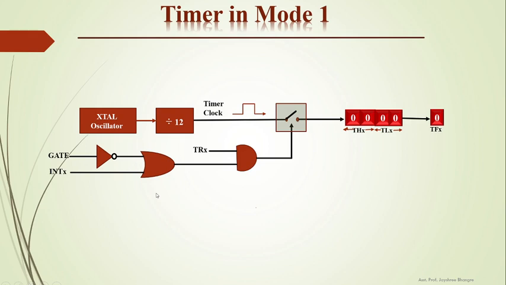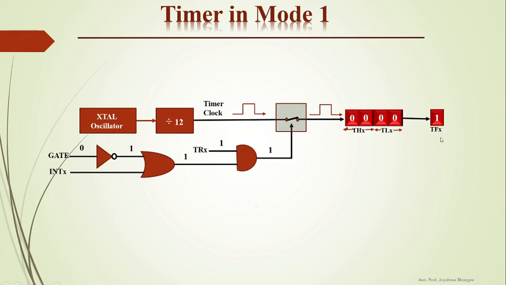To start this timer, we make the GATE bit equal to 0 and the TRX bit equal to 1. The switch will close and the clock is applied to the timer, and the timer will start counting from 0, 1 up to FFFFH. When the timer rolls over from FFFFH to 0000, the TFX flag will be set.